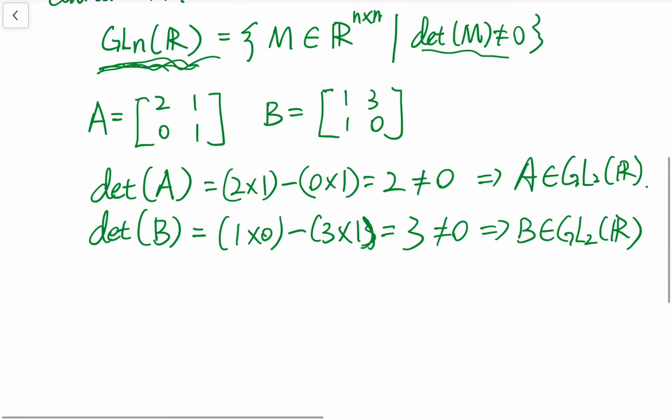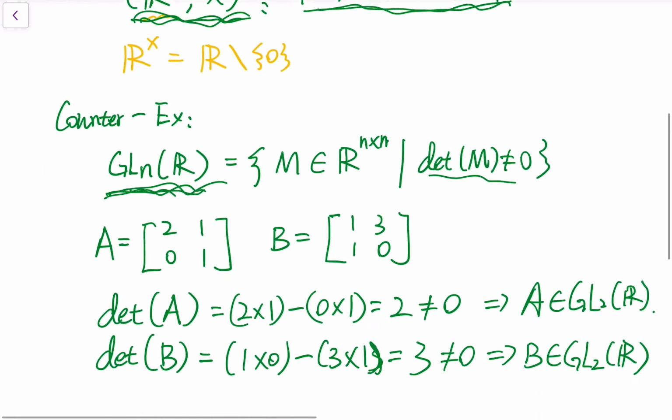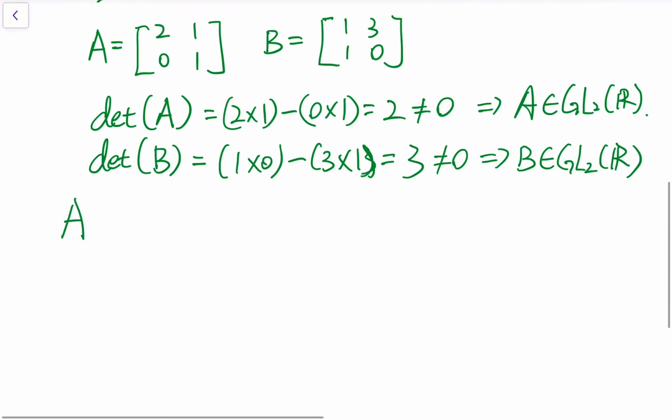Now we consider the matrix multiplication between A and B. First, A times B equals 3, 6, 1, 0.